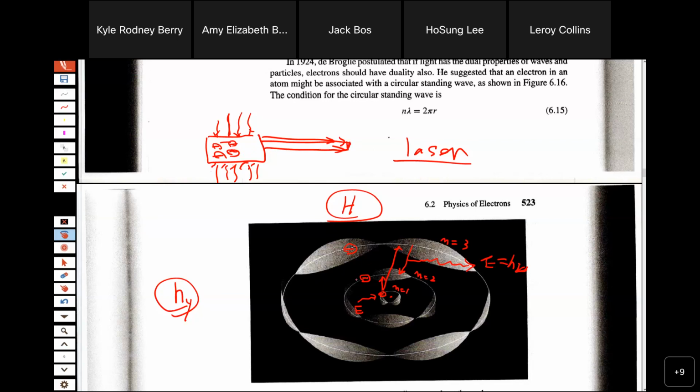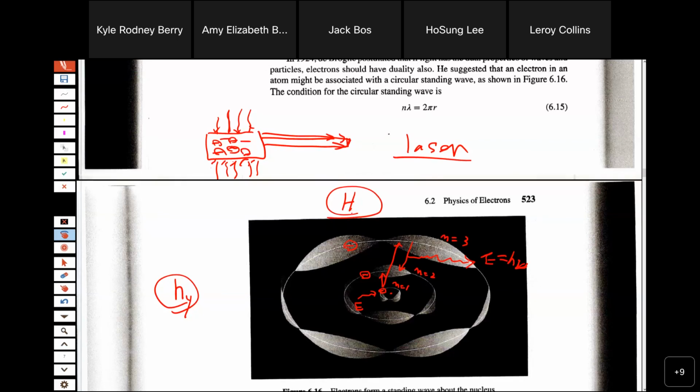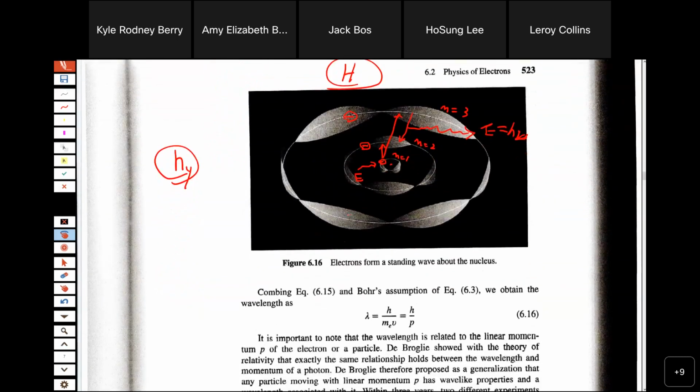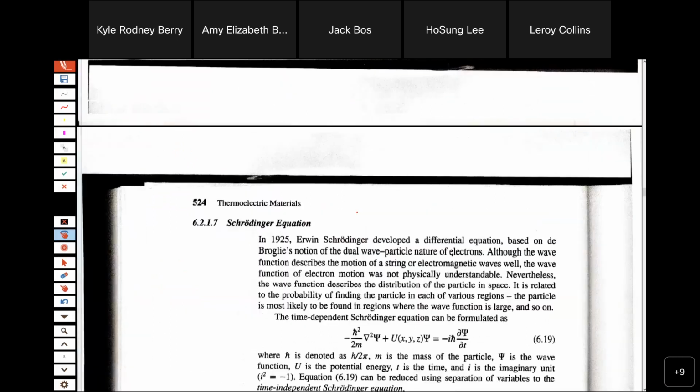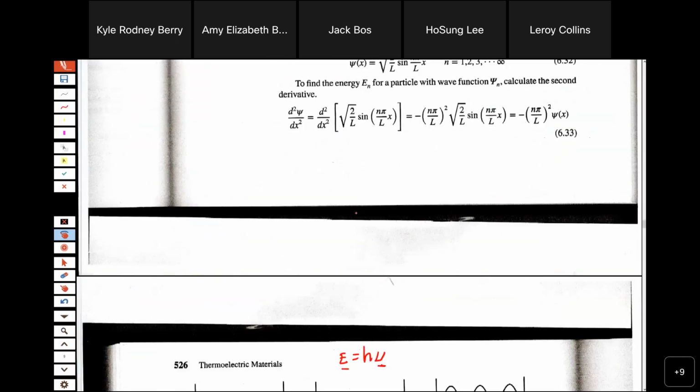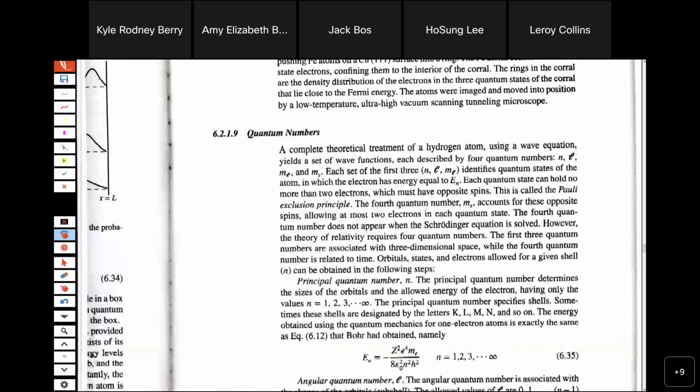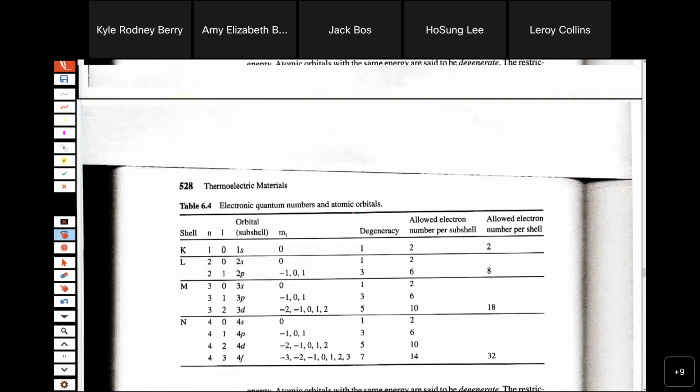This is the same idea, actually. Okay. Anyhow, let's look at silicon.